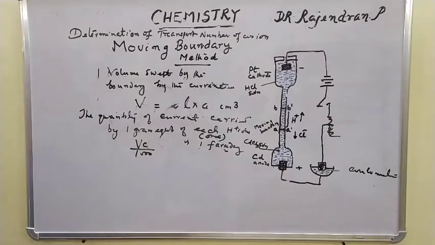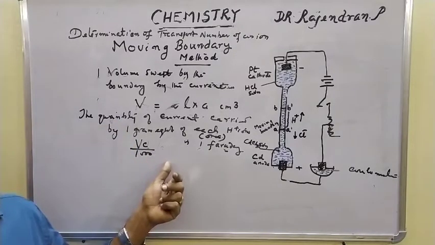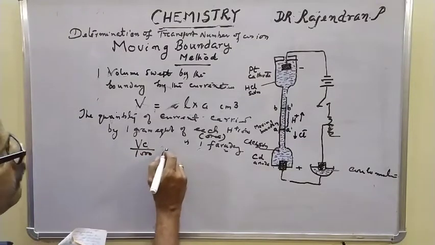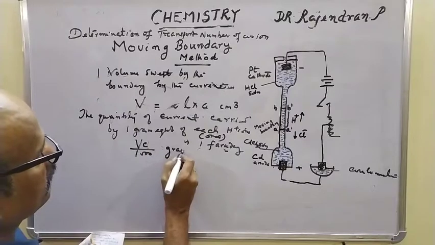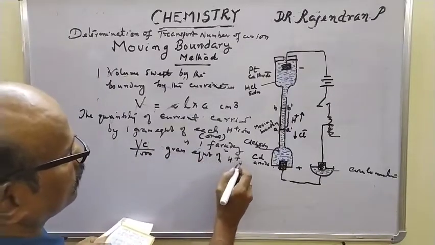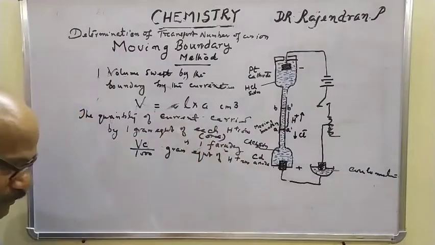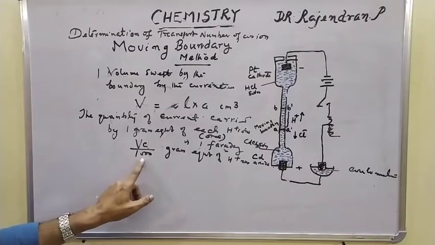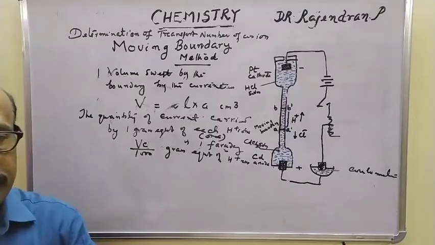You have to remember. Therefore, the quantity of current carried by Vc by 1000 gram equivalent of H plus ion is Vc by 1000 Faraday. That you have to remember.